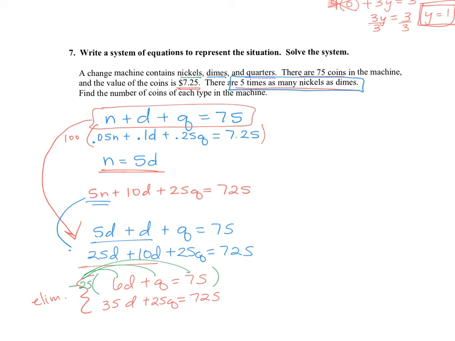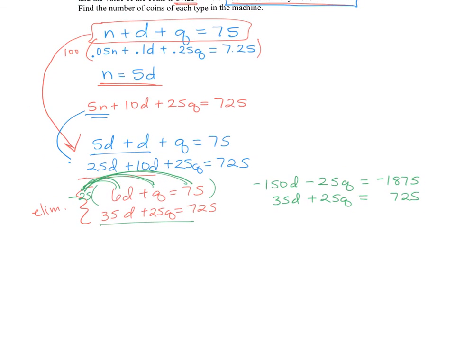I get a negative 150d, that's negative 25 times 6, minus 25q equals, and then negative 25 times 75, that's a negative 1875. But then I also still have this equation, 35d plus 25q equals 725.